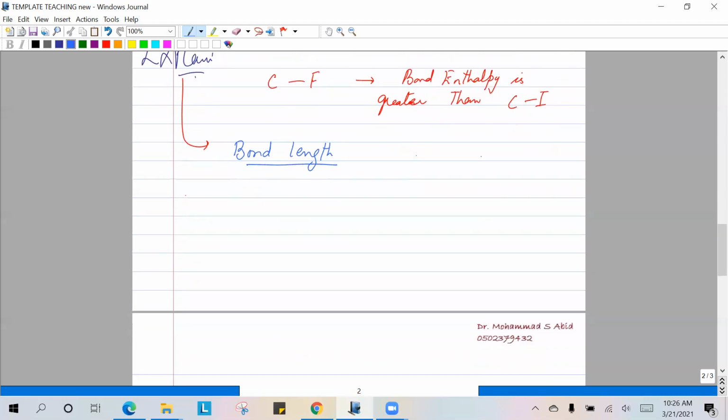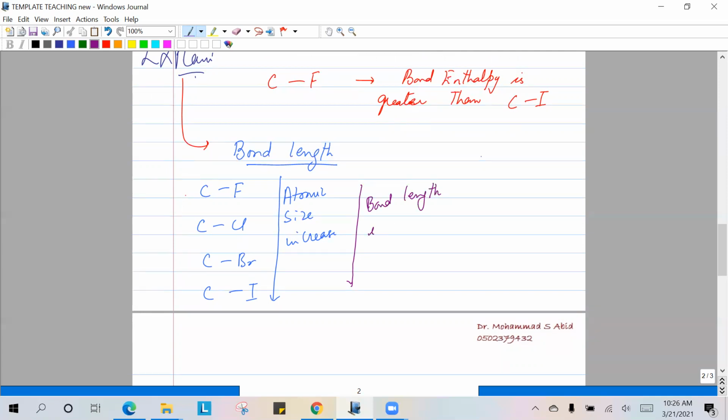Now, if you look at the bond length, you have the carbon-fluorine, carbon-chlorine, carbon-bromine, and carbon-iodine bond. Now, we know as you go down the group, the atomic size will increase. So if the atomic size is increasing, definitely the bond length will increase.